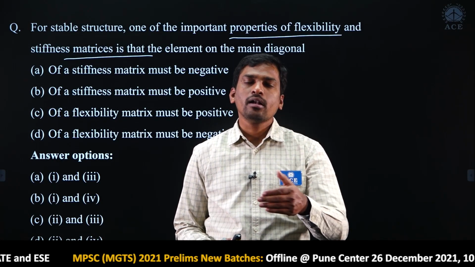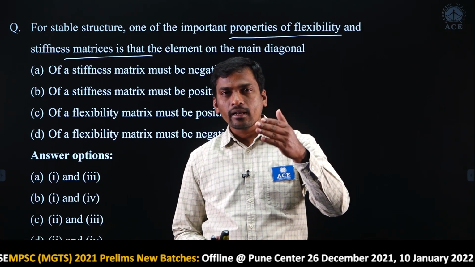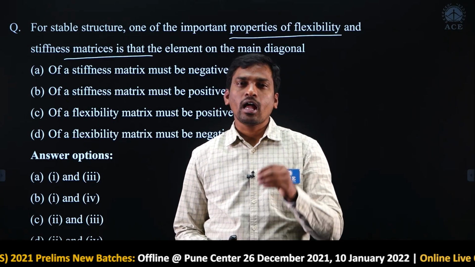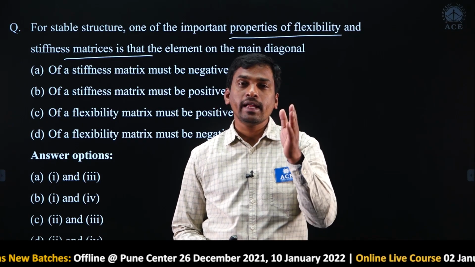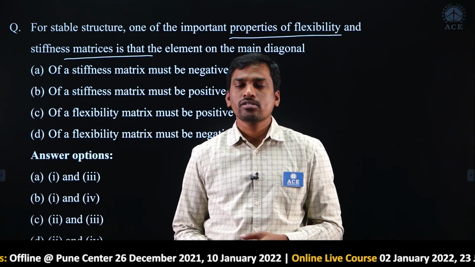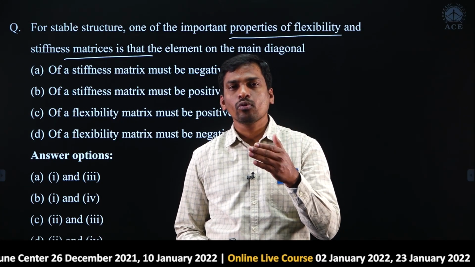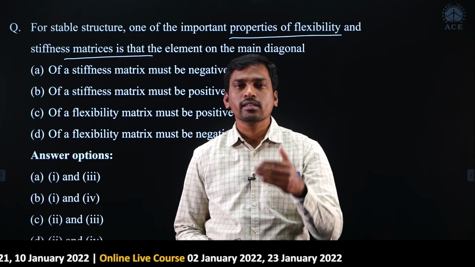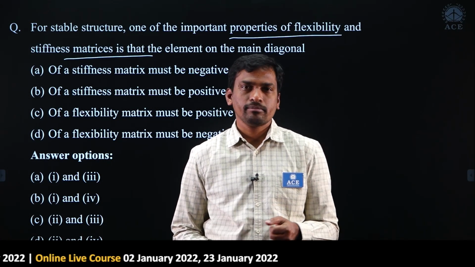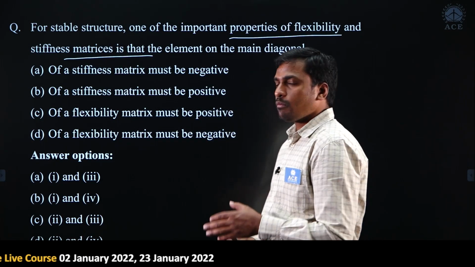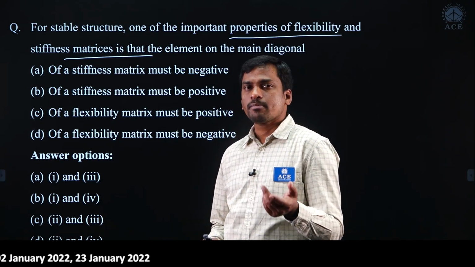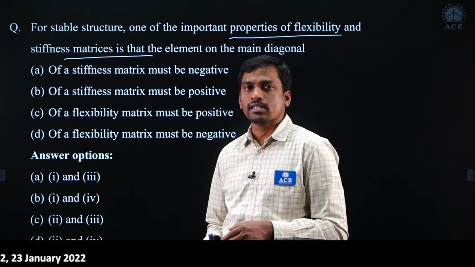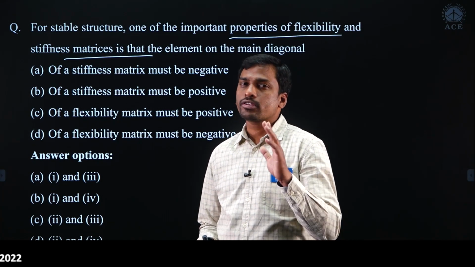And the third property, all the diagonal elements are always positive, nothing but the leading diagonal values, F11, F22, F33 or K11, K22, K33, always positive only. And one more property I gave, the stiffness matrix or flexibility matrix is developed for stable structures.